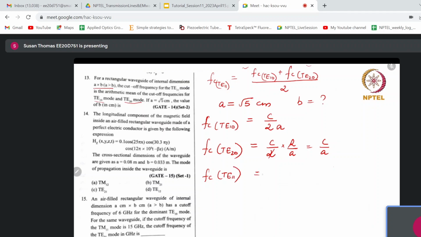TE11 mode will be C by 2 into root of 1 by A the whole square plus 1 by B the whole square. Let's take the mean of these two: C by 2A plus C by A, the whole divided by 2.